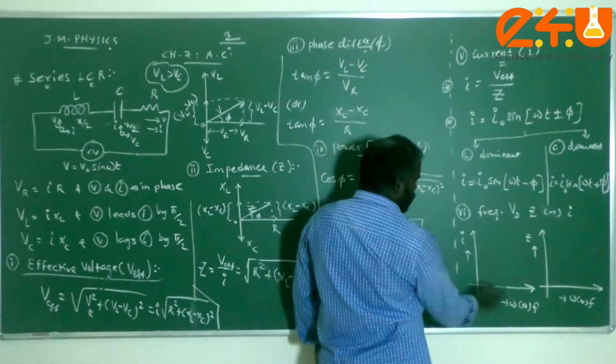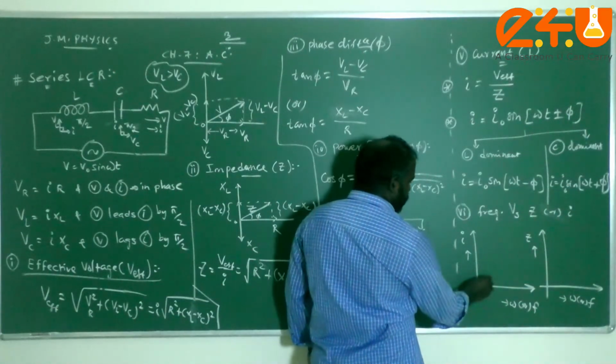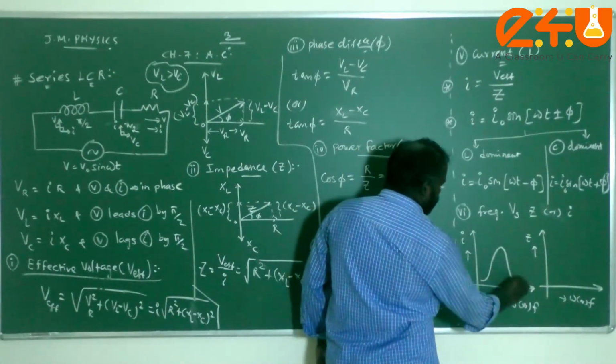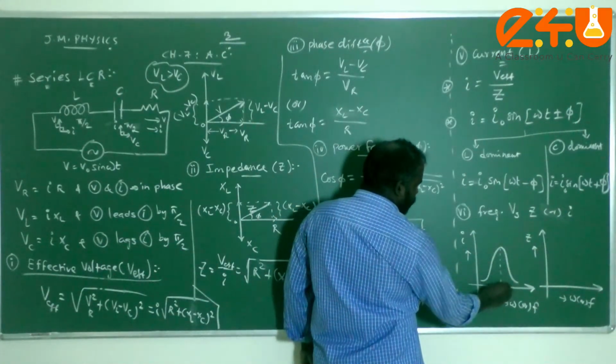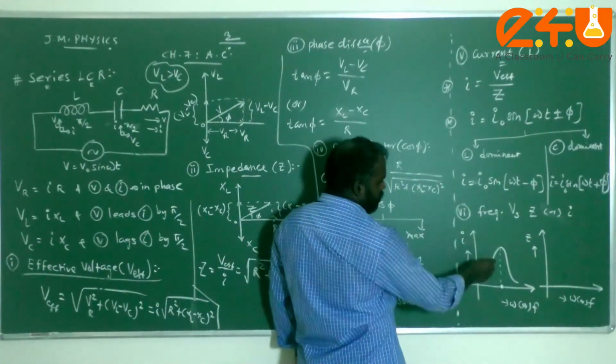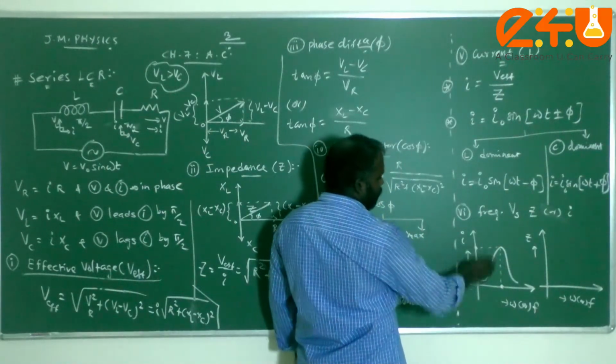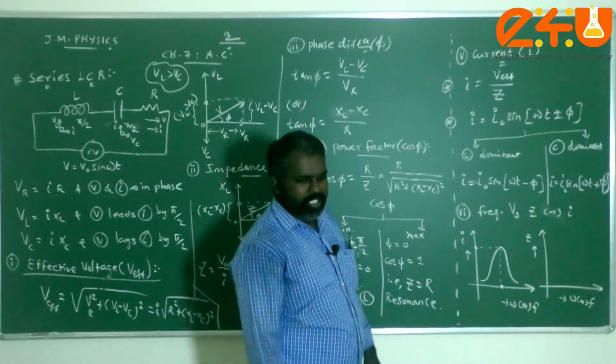So when you draw the graph between current and frequency in a series LCR circuit, it looks like this. At some particular frequency value, the current in the circuit becomes maximum. That condition is generally called resonance condition.